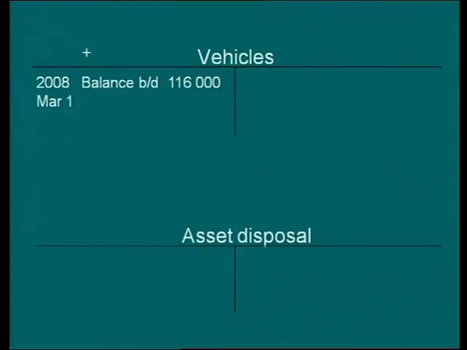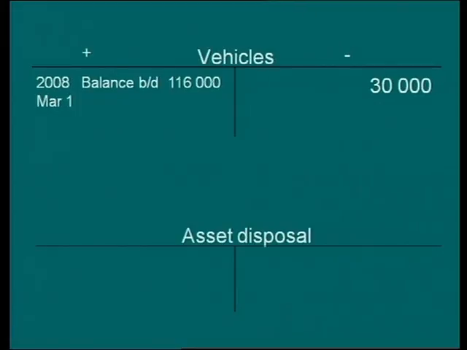Now remember, learners, that's all our vehicles. We have 3 vehicles and if we add them together, they equal 116,000. On the other hand, we want to sell a vehicle, which cost us 30,000 when we bought it. Vehicles is an asset, it decreases on the credit side.